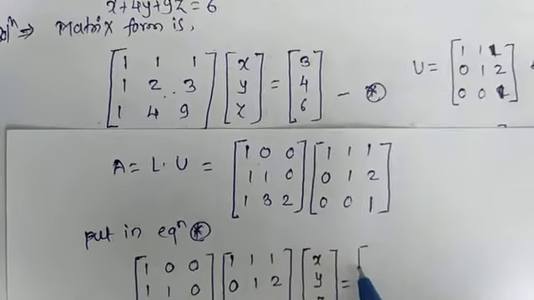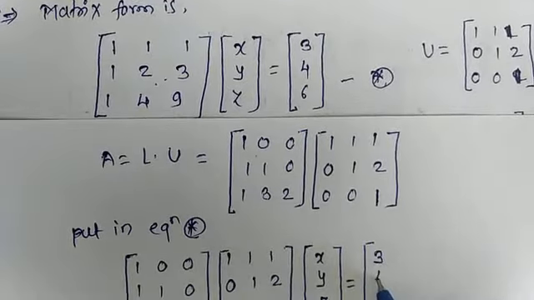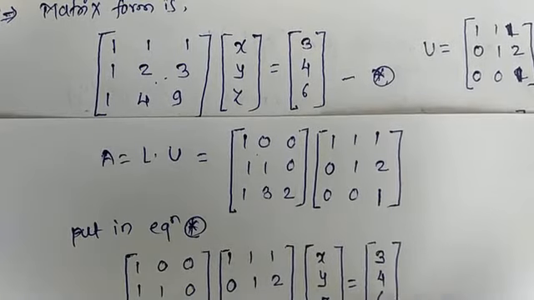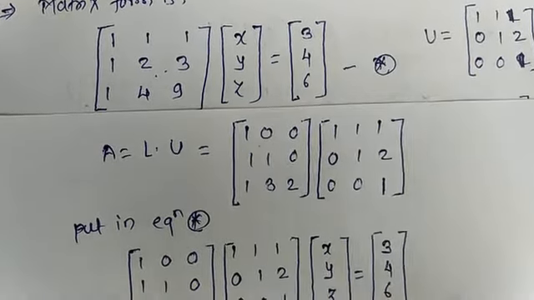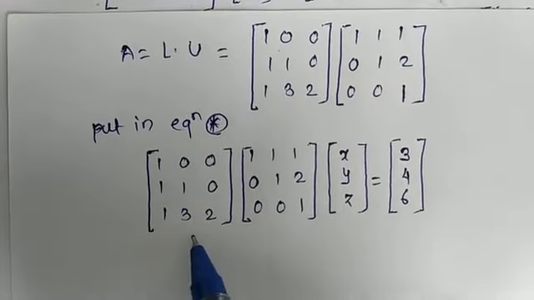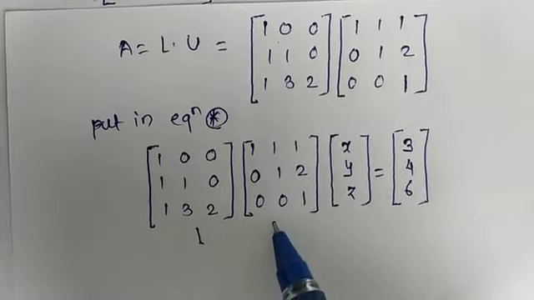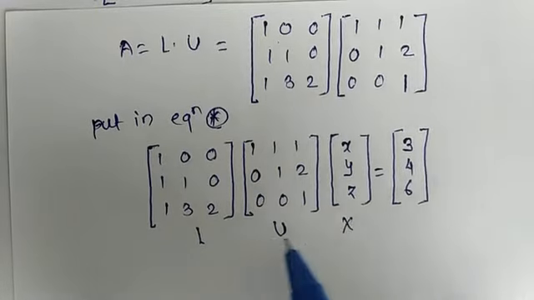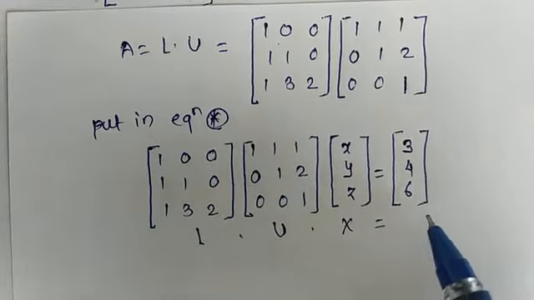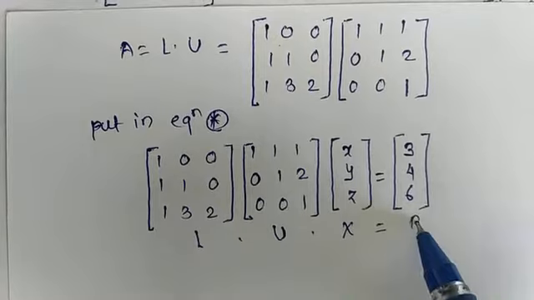Our right side is 3 4 6, which we have written from equation number star. Okay, now here it is our L, it is our U, and it is our X, and it is equal to matrix B.